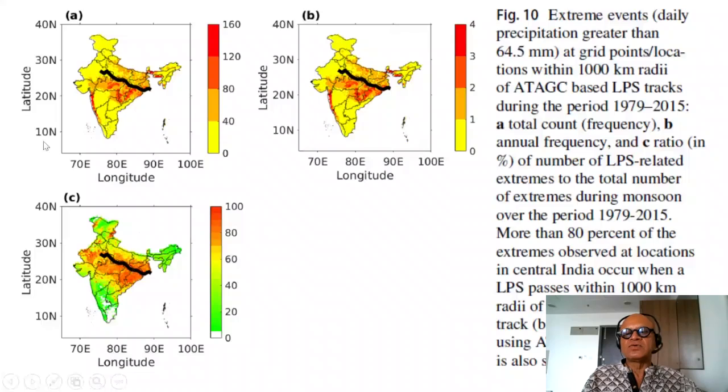Okay, so the total count frequency of LPS days is shown here. So you can see 160 or so during this period, and the annual frequencies shown here, each year, how many such extreme events are happening.